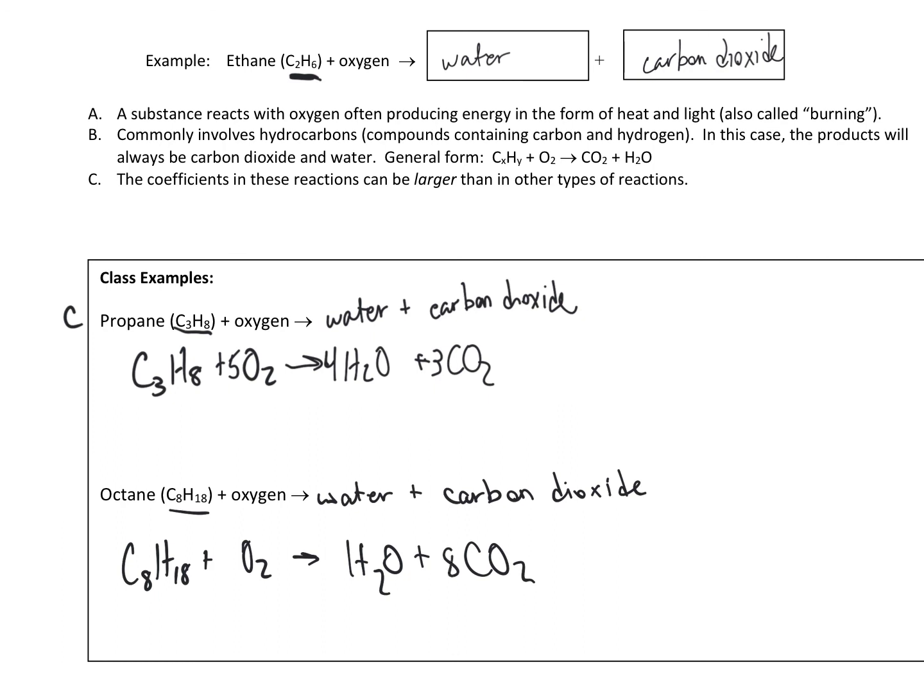I'm going to need 8 CO2s, 9 H2Os, which gives me a total of 25 O's, 16 from CO2, 9 from H2O, which means 12 and a half O2s. But I can't leave it like that because it's a decimal, so I'm going to go through and double everything. And I'm going to get some really, really big coefficients, but that is okay because it's still balanced.